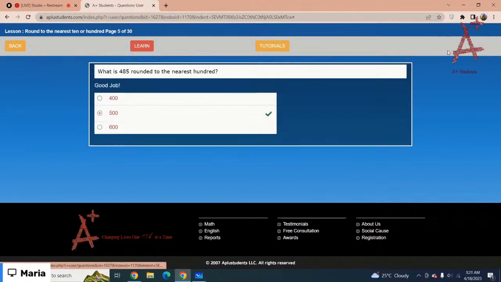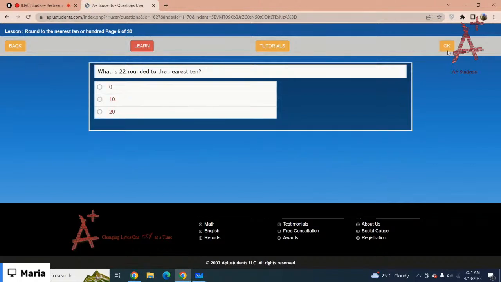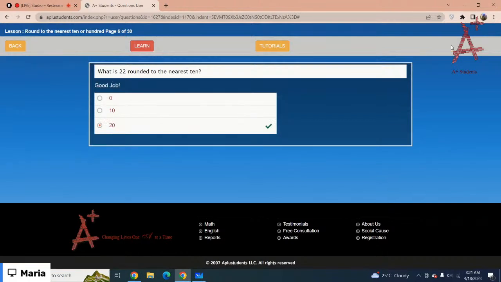Very good. What is 22 rounded to the nearest 10? 22 is rounded to 20. Very good.